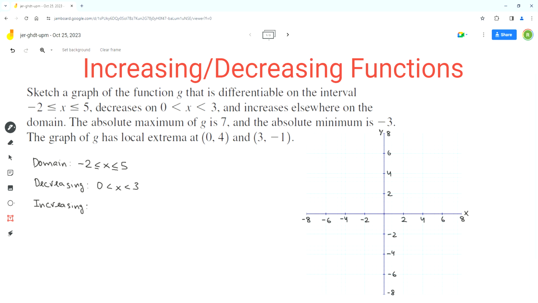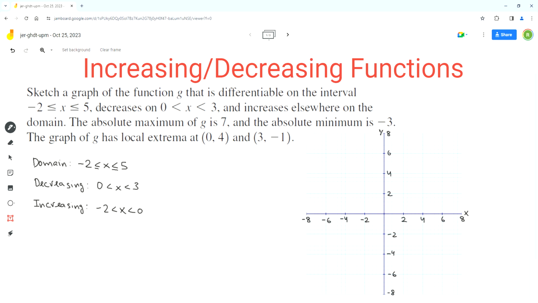Now the domain starts at -2 and the decreasing interval starts at 0. So that means this function is increasing from -2 to 0. So that's the first interval over which the function is increasing.